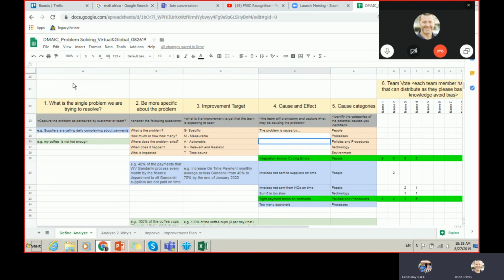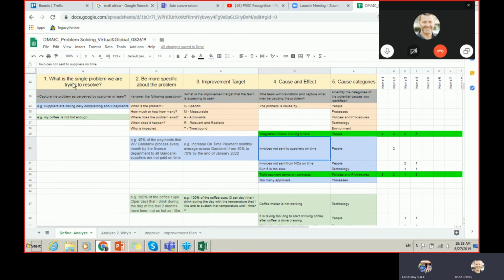Okay. And so let them brainstorm all the things that they think. Here, tell them, guys, I want you to be very specific when you list all the different causes. For example, if you are attributing that bureaucracy to one specific process, call it out, because we want to make sure that when we get to the solutions, we are addressing that specific process to fix it.